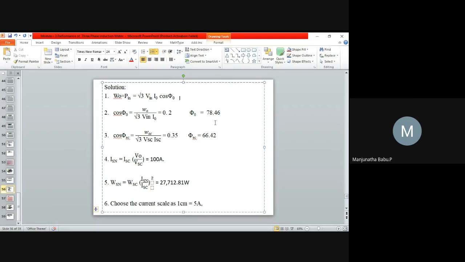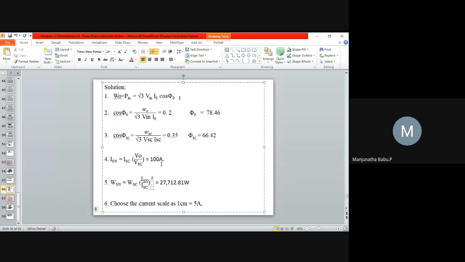Okay, so from the data we can get the angle phi naught as 78.46, and phi SC is equal to 66.42. Next, while calculating the short circuit current at normal voltage, we are getting 100 amps.